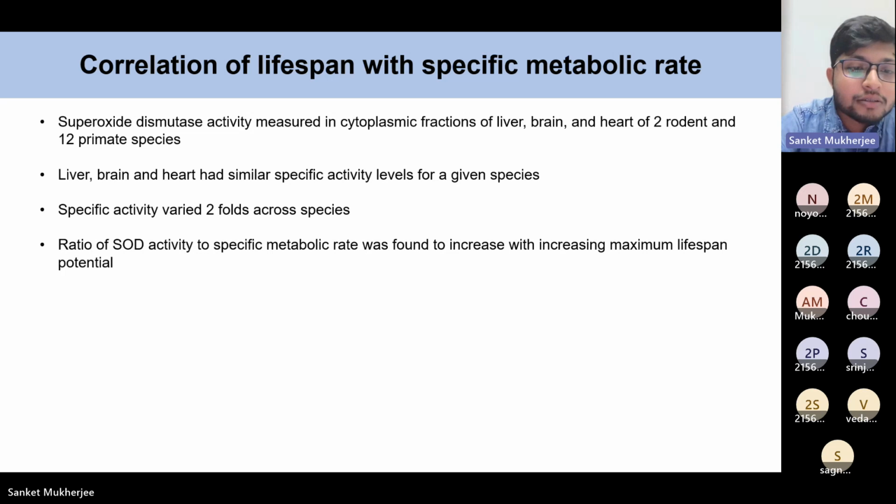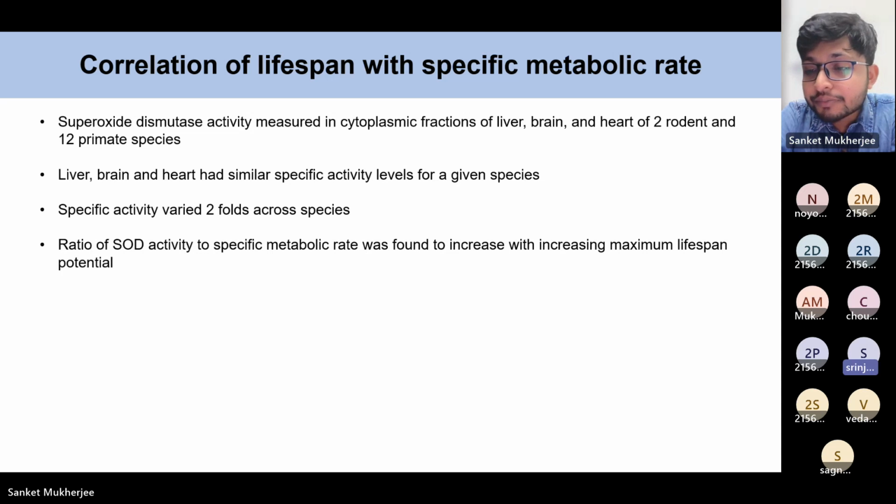Increasing like this? Yes, sir. But sir, here it is written the ratio of SOD activity to specific metabolic rate was found to increase with increasing lifespan. Shouldn't it be the reverse, like lifespan is increasing because of SOD activity? This is a correlation plot, right? Okay, right, but why will a lifespan correlation plot decrease?